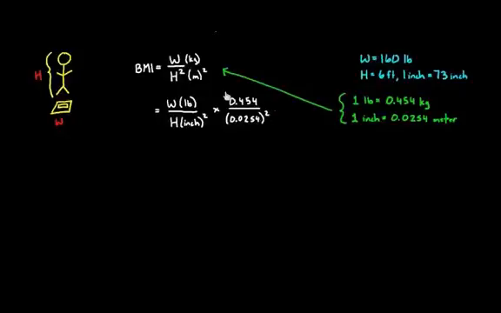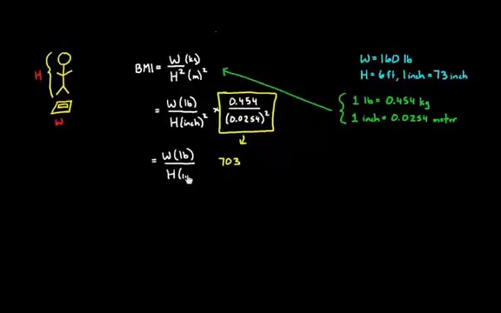And to make it even easier, I can take this whole thing, plug it into my calculator, and it gives me the number 703. So really what I have here is, again, weight in pounds divided by height in inches squared multiplied by 703.